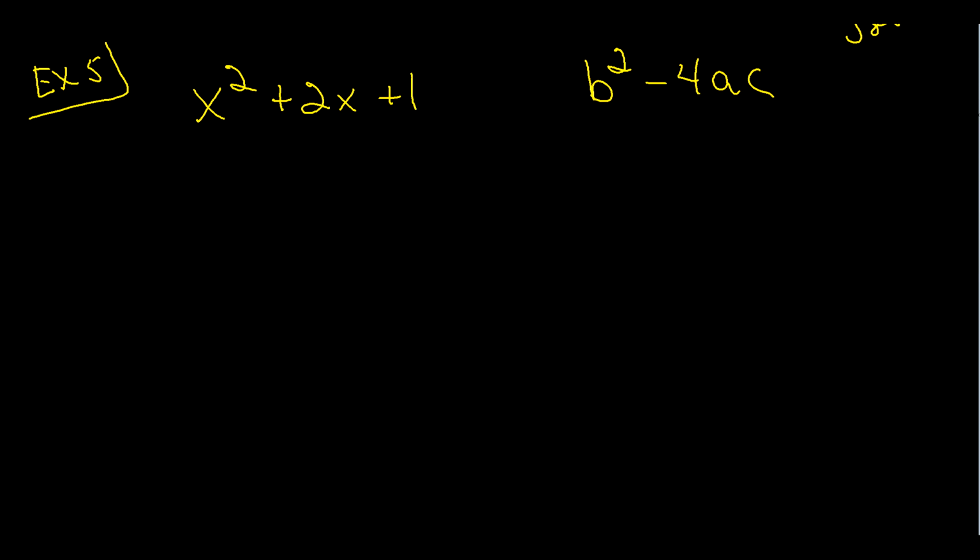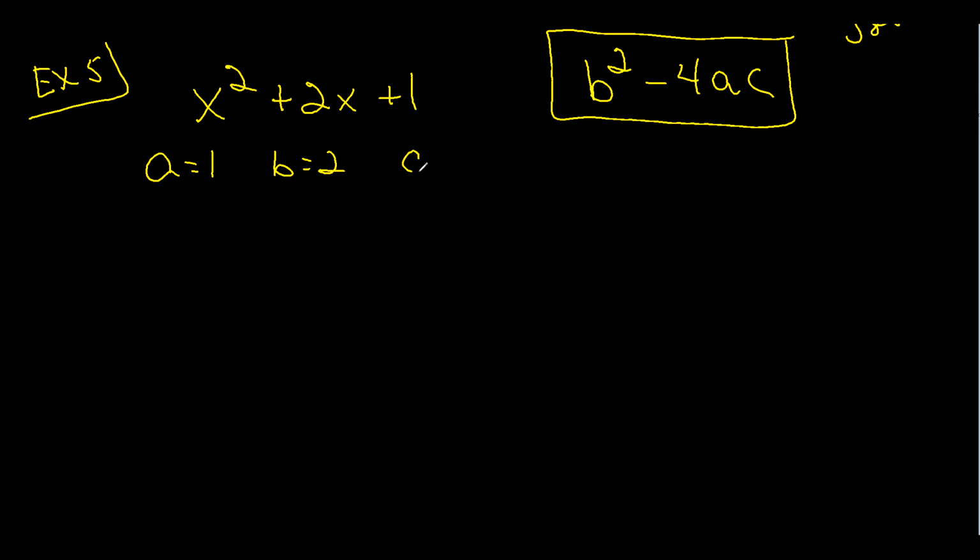Okay, and here it is, example 5. It says use the discriminant to determine the number and type of solutions of x squared plus 2x plus 1. And I'm bringing along the discriminant with me to help me answer this. So here I've got, and you could do the labeling again, a equals 1, b equals 2, and c equals 1. And plug it in.